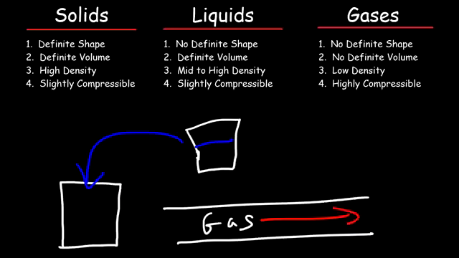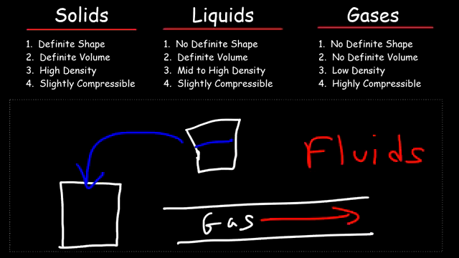So liquids and gases are known as fluids because they can flow. Now you have different types of fluids. You have like water, which can flow nice and easily, but you have like more viscous fluids like syrup and honey. They don't flow very quickly, so they have a high viscosity.